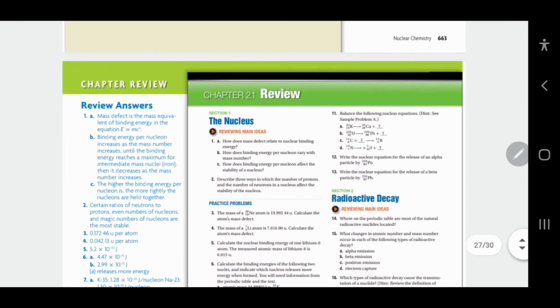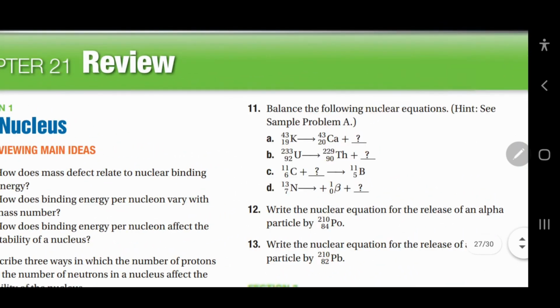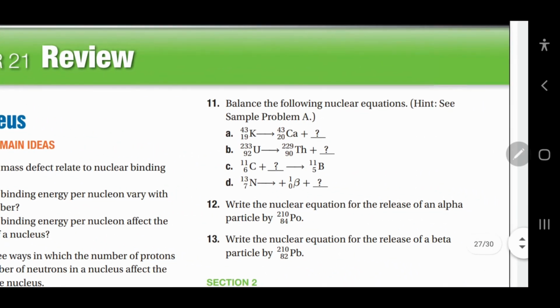Now, let's just solve some questions here. Balance the following nuclear equations. As you can see, potassium converted to calcium. As you can see here, the atomic number increases. That means that a neutron changed to a proton.